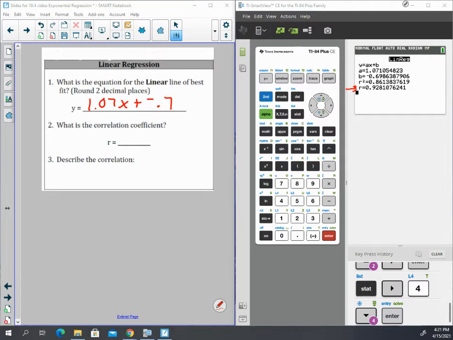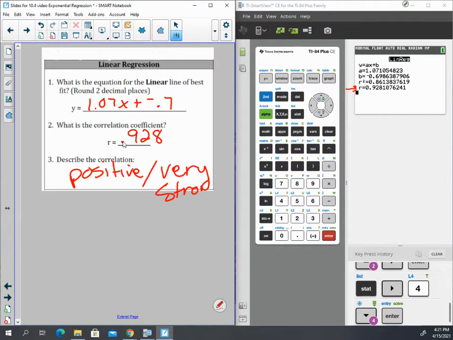I'm going to round it to 0.928. We went 3 decimal places. And this is a positive and very strong correlation, okay? Very strong.